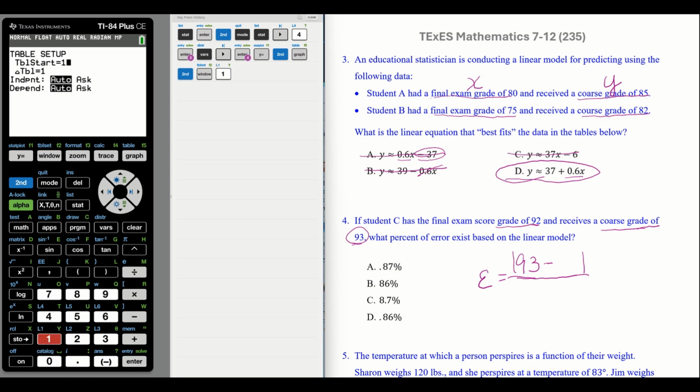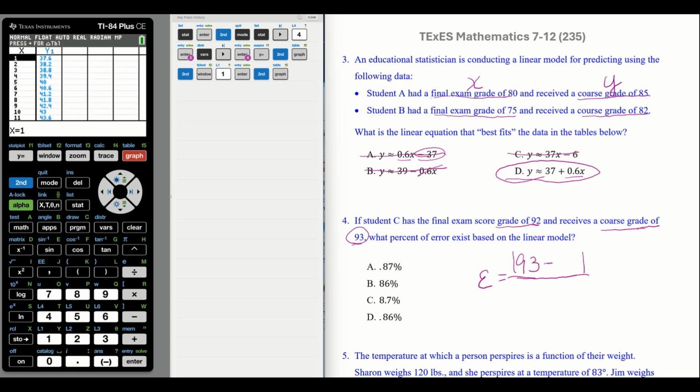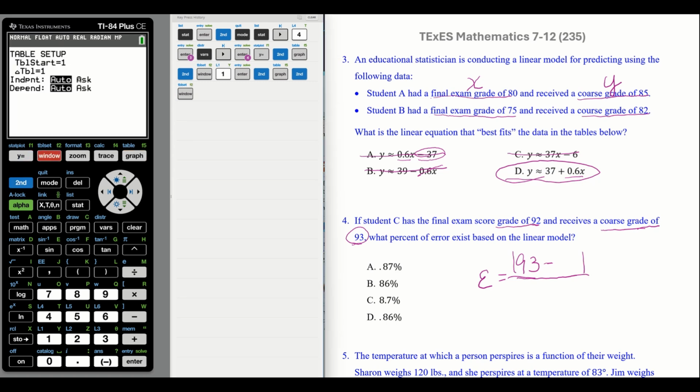I'm going to type in a 1 and enter it. Nothing is going to happen, but you need to push second graph again. See how I'm back at the 1? So I'm going to push window, and now I want to be back at my 92 because that's where I'm measuring.